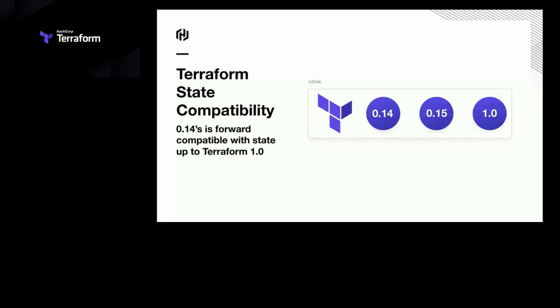We know that working with Terraform, sometimes even between Z releases, has been painful, where you inadvertently upgrade a state file and you can't go back, when you want to. So we're beginning to relax a lot of those requirements as we make our way to 1.0. And so Terraform 0.14 is forward compatible with 0.15 and 1.0 in terms of the state file format.